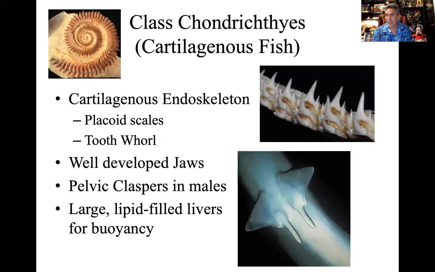Chondrichthyes is a funny sounding word. Chondro refers to cartilage, and ichthyes, the CH sounds like a K in the Greek language, means fish. So this is a literal translation.